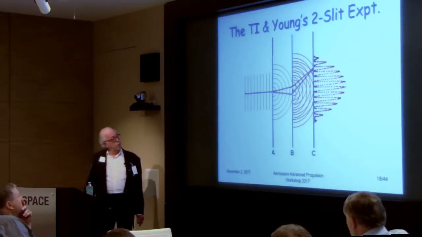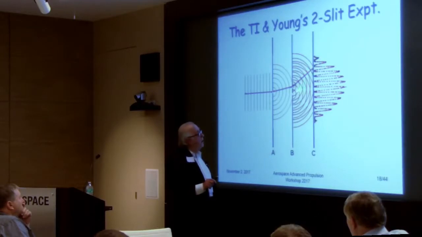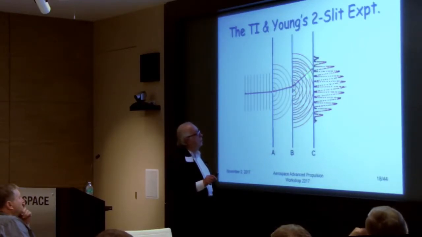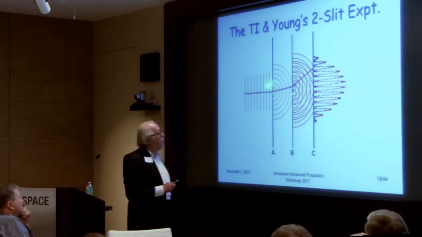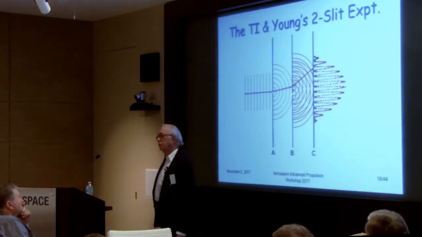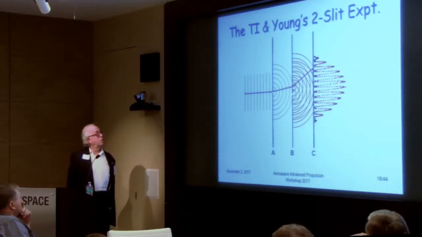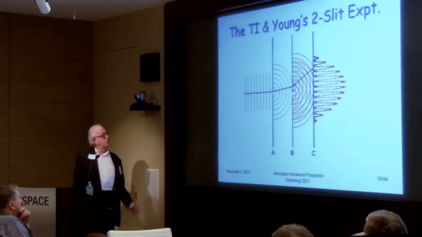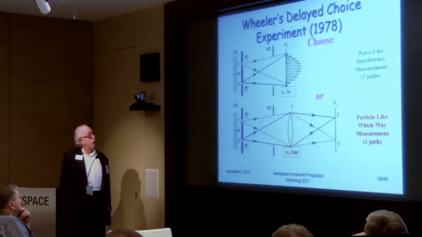However, if you put the polarizer there, then the advanced wave coming back here has the wrong polarization, cannot participate in the handshake, and so you get a one-slit process rather than a two-slit process, and this kills the interference. So it's easy to understand the strange properties of the two-slit experiment using the transactional interpretation.